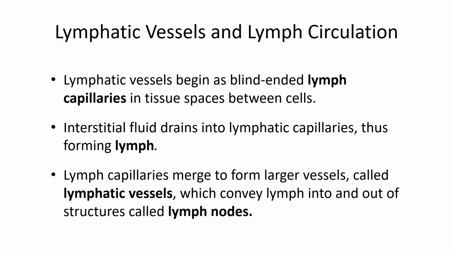These are tiny little vessels, just like capillaries, but they have a beginning. They have a start to them. They collect fluid, and then that fluid leads to larger vessels. The fluid flows in just one direction. At this point, once that fluid has been collected into these vessels, it is known as lymph.